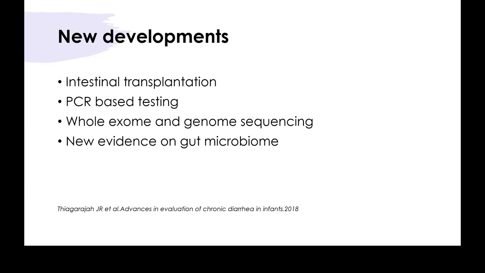So intestinal transplantation is one of the treatment modalities in severe, especially congenital diarrheal illnesses or severe untreatable diarrheal illness. And now for etiology, PCR-based testing is being introduced or tried. That is one of the new things coming up, and there will be lots of progression in this.